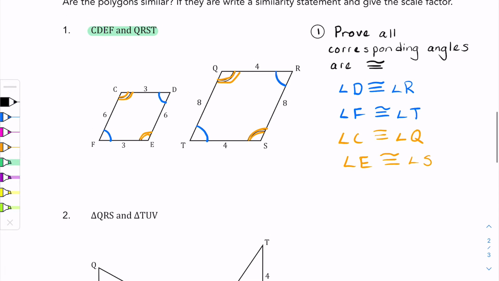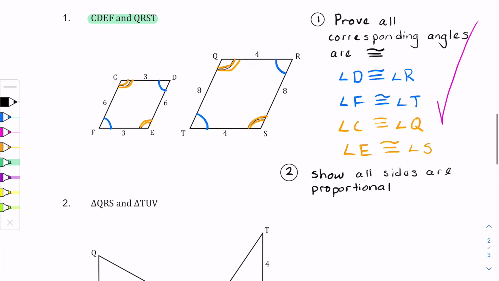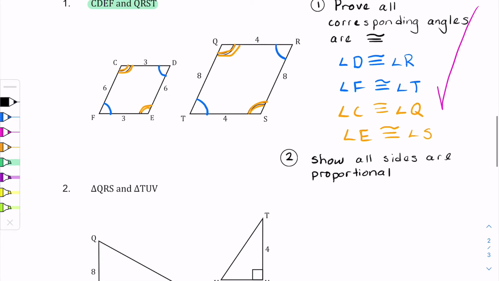After we prove that all angles are congruent, which we just did, so we're all set in that category, we now need to show that all sides are proportional. So I'm going to start with segment CD and QR.